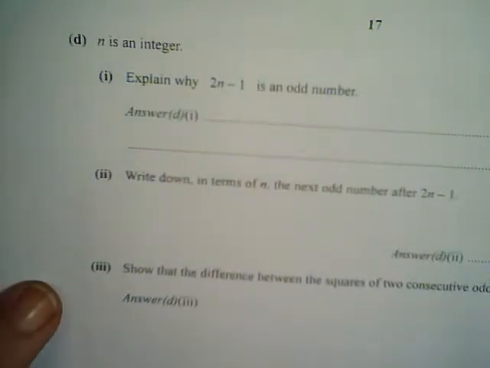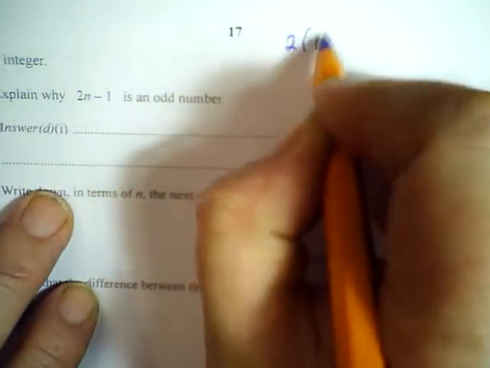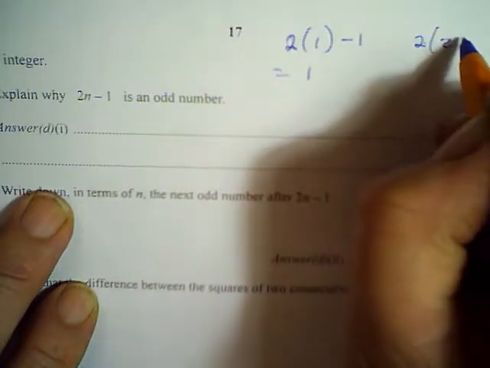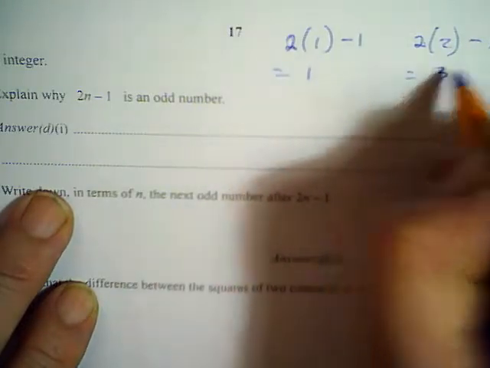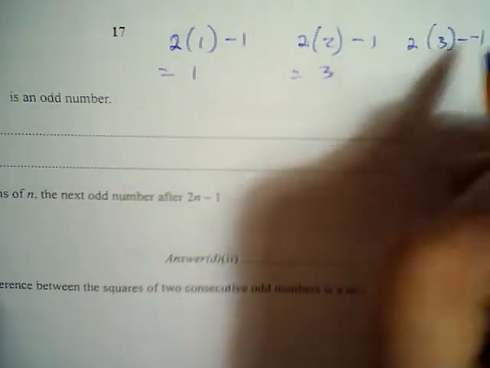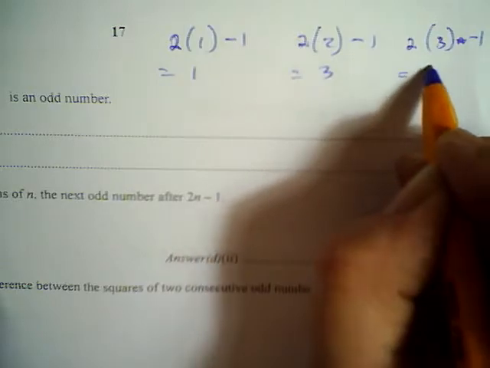Okay. So if we do a bit of calculation there, 2 times 1 minus 1 would give me 1. 2 times 2 minus 1 would give me 3. 2 times 3 minus 1 equals 5.